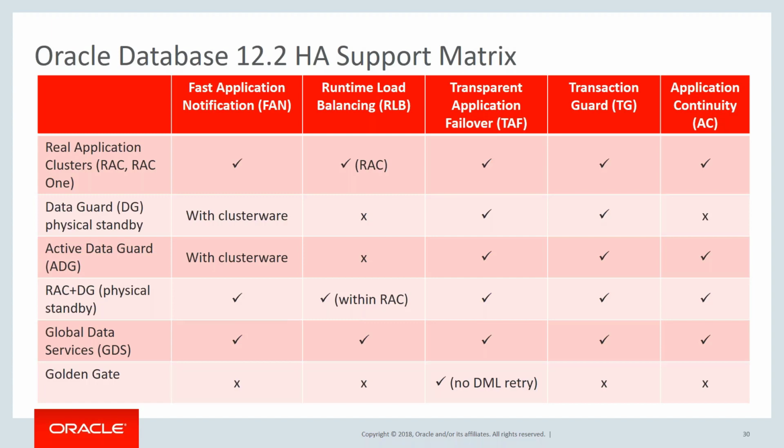Yeah, so FAN will work with managed and unmanaged ODP.NET. TAF only works with unmanaged ODP.NET because it is an Oracle Call Interface feature. I might have forgotten to mention it, but Application Continuity is only unmanaged ODP.NET for now. But Transaction Guard works with both managed and unmanaged. Runtime load balancing works with both managed and unmanaged. So does fast connection failover, managed and unmanaged. Okay, and TAF works with ODP.NET managed? No, unmanaged. TAF works only with unmanaged.